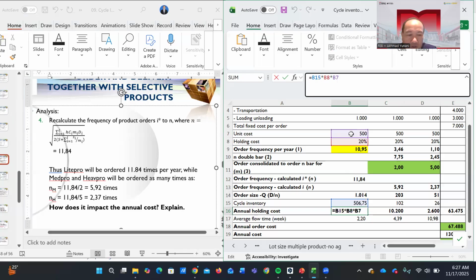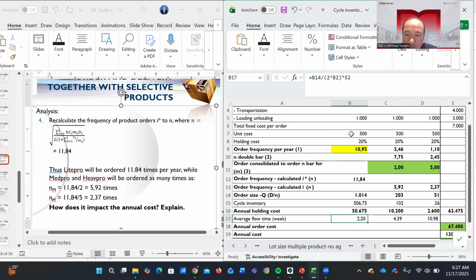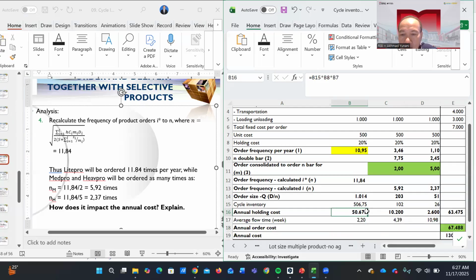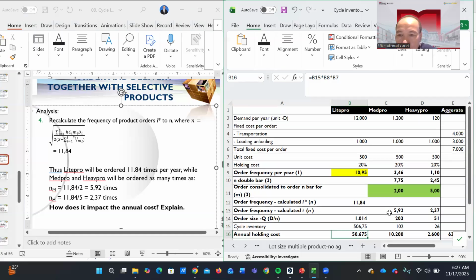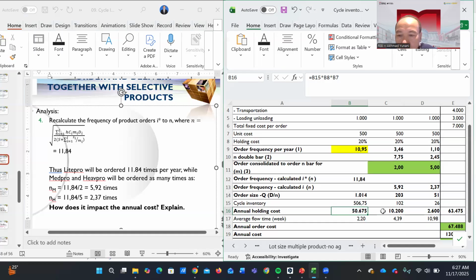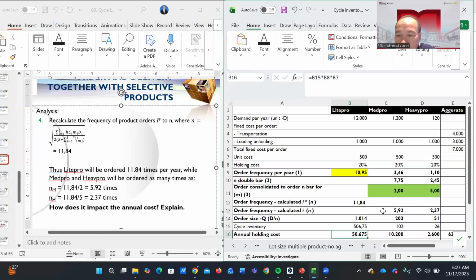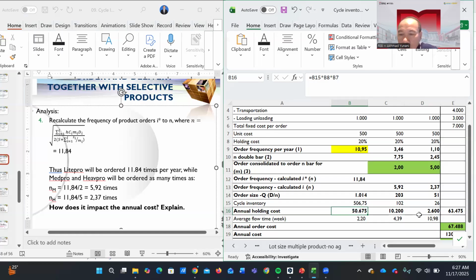We find the annual holding cost for Light Pro is 50,675, for Med Pro 10,200 rupiahs, and for HiFi Pro 2,600 rupiahs.